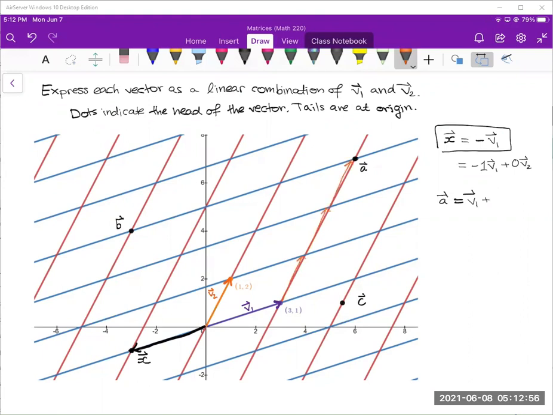So we can write a as v1 plus 3 copies of v2.